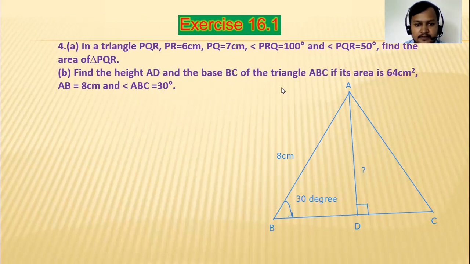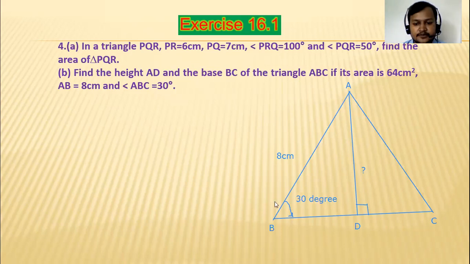And after finding BC, we can find out the height because BC is the base of triangle, and if we know the base as well as area of triangle then we will calculate the height easily because area of triangle is equal to 1/2 base into height.